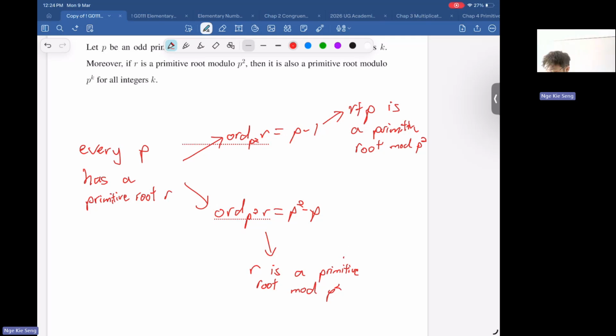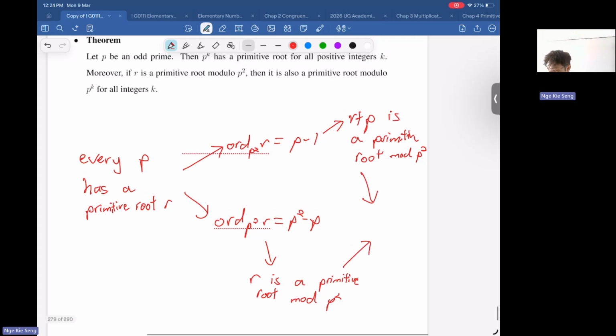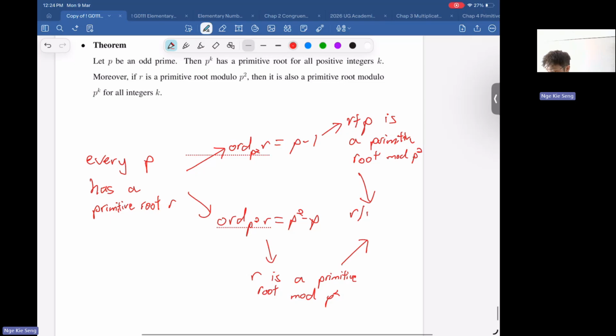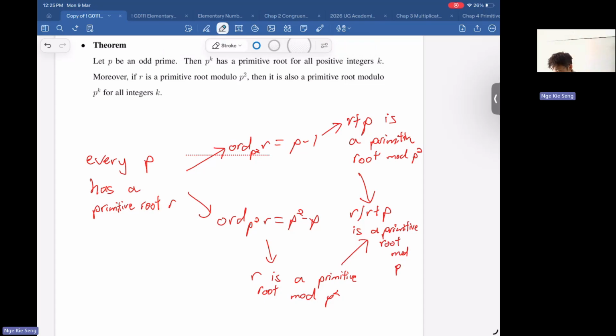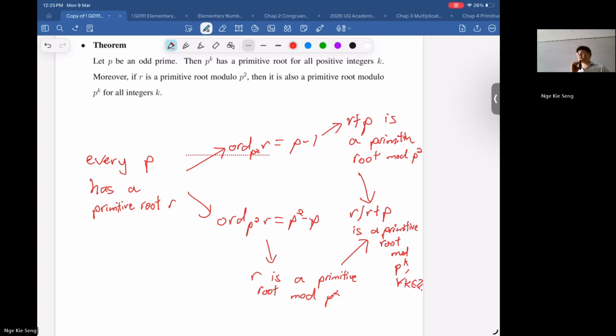Then by this theorem, r or r plus p is also a primitive root mod p to the k. So from the fact that every prime has a primitive root, you can infer that all the prime powers have a primitive root. Okay so far?